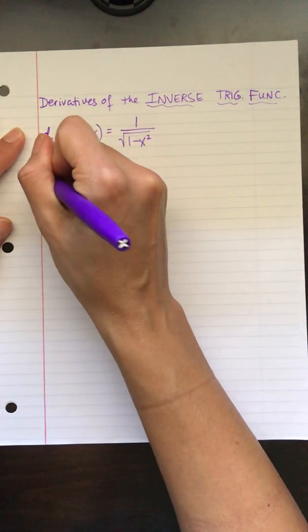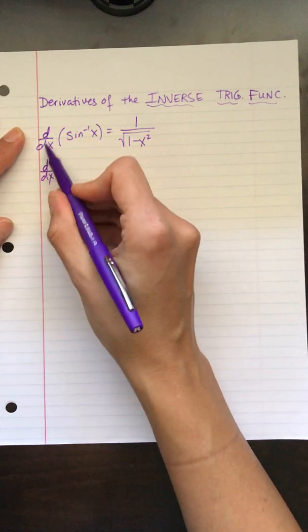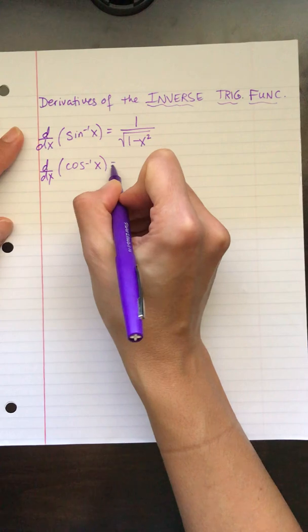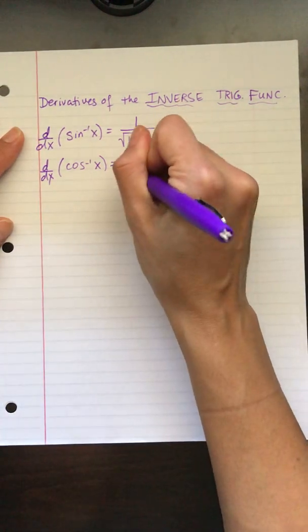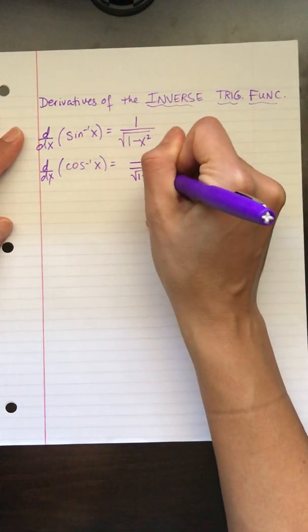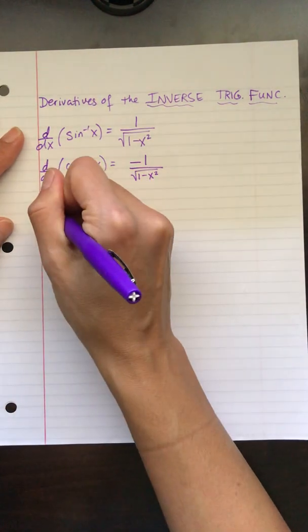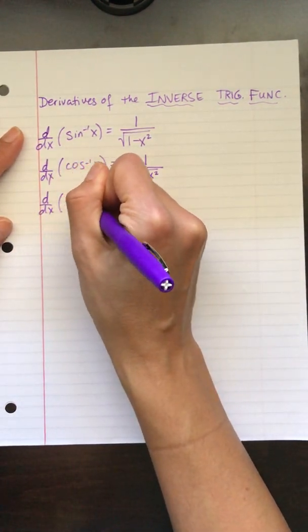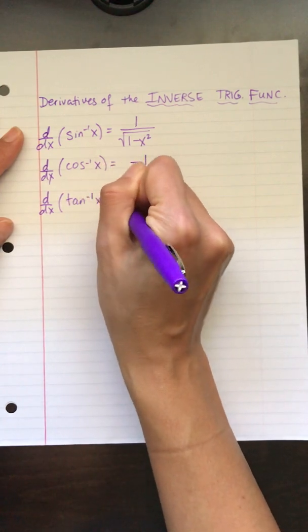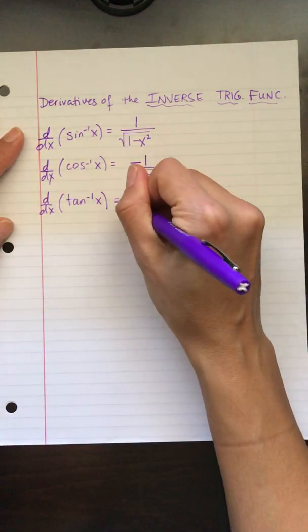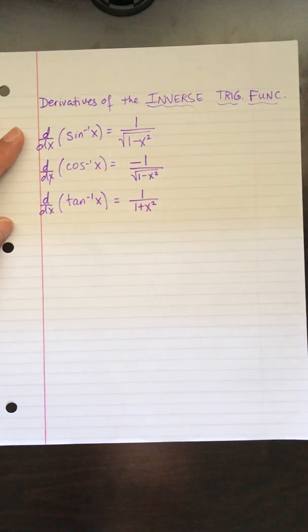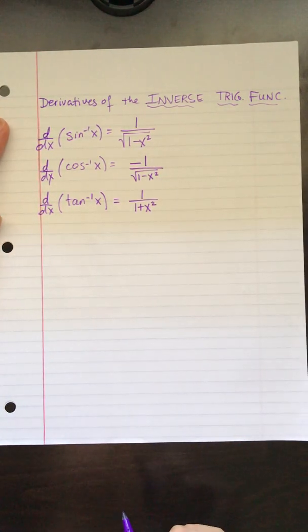You have to memorize that the derivative of the inverse cosine function is negative 1 over rad 1 minus x squared. And you have to memorize that the derivative of the inverse tangent function is 1 over 1 plus x squared. So let me do an example of each.